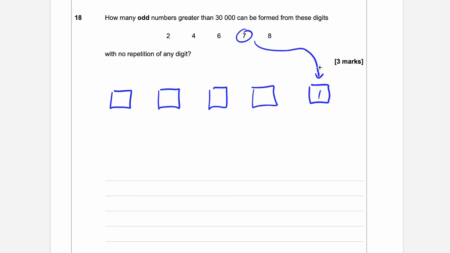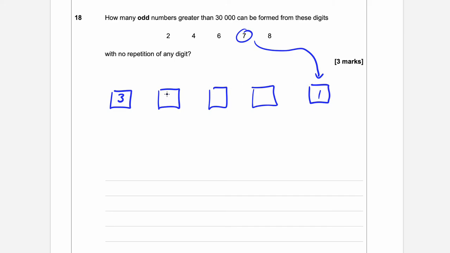Because it has to be an odd number. Okay, then in the first box, if it has to be bigger than 30,000, this has to be either 3, 4, 6, or 8. So I can put 3 in there. And then how many are left? Well, there's 3 left once I put 1 in there and 1 in there.